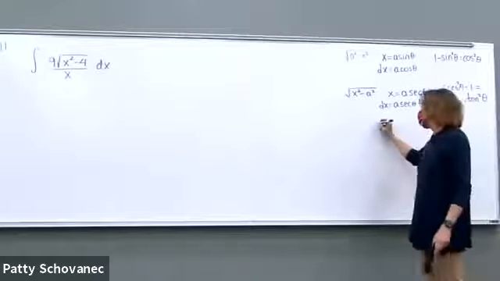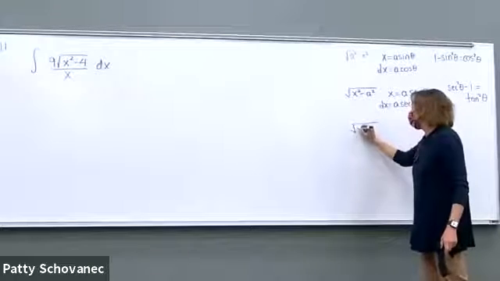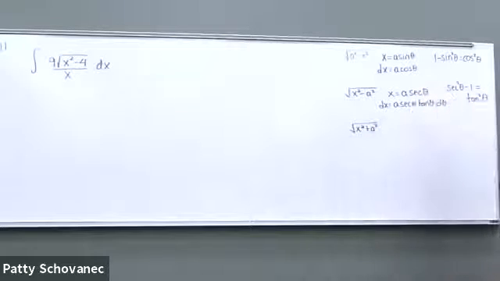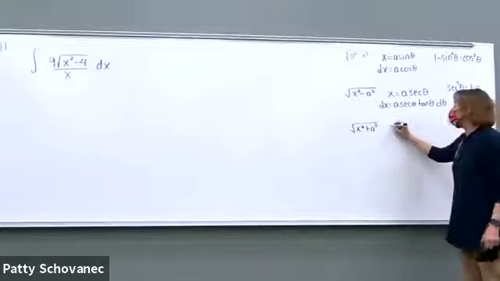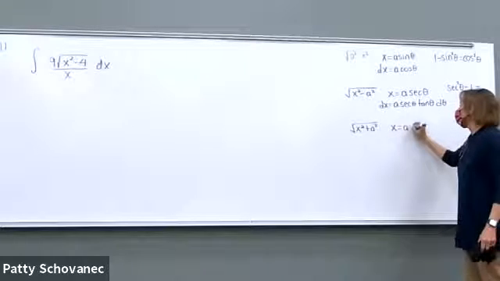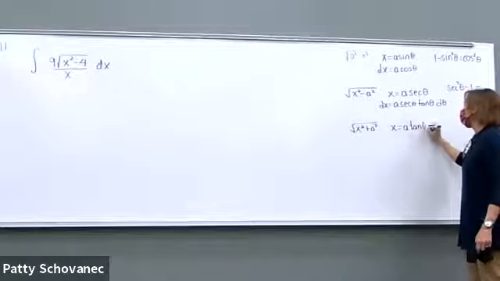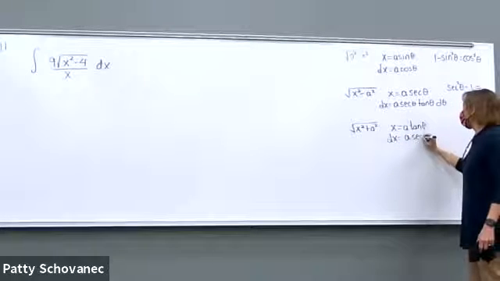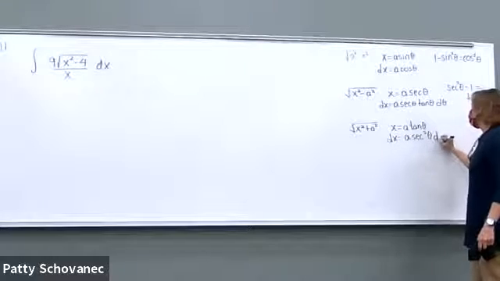The other case was if you have a plus sign between the two terms, either in that order or the other order, it doesn't matter when you're adding. Then you replace x with a times the tangent of theta and replace dx with a times secant squared theta d theta.